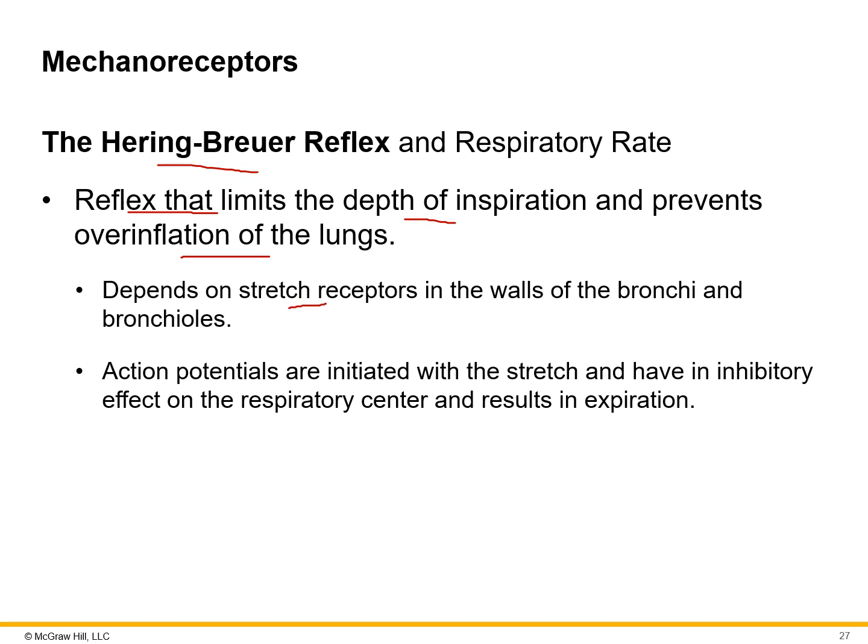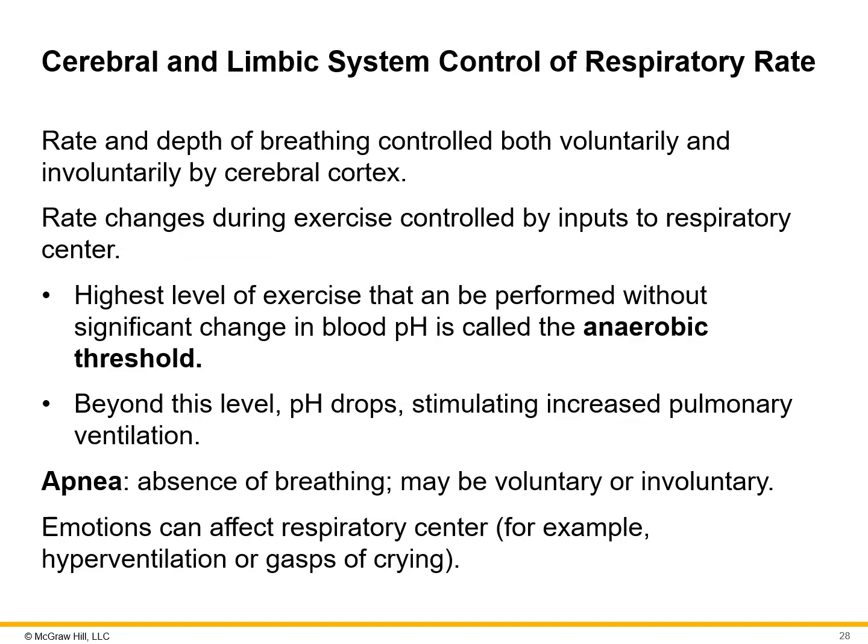These stretch receptors are going to keep an eye on that. They use action potentials to trigger that reflex. If they stretch, then they have an inhibitory effect on respiration and cause expiration. So we're not overinflating those lungs thanks to that Hering-Breuer reflex.